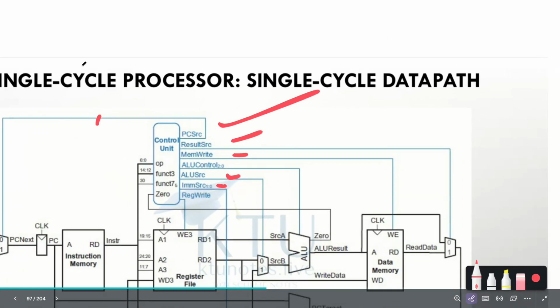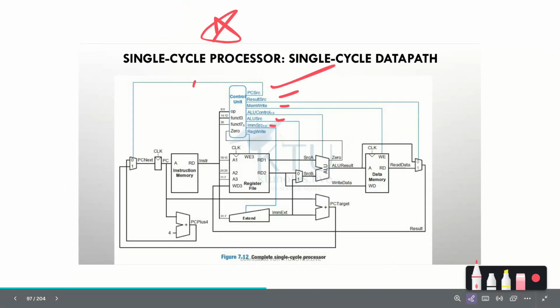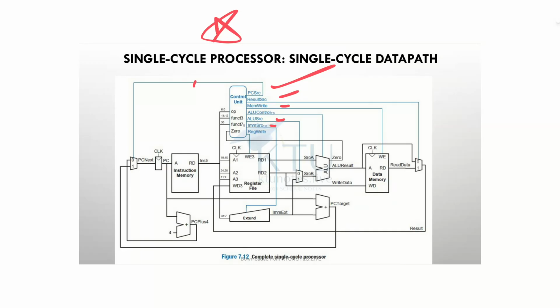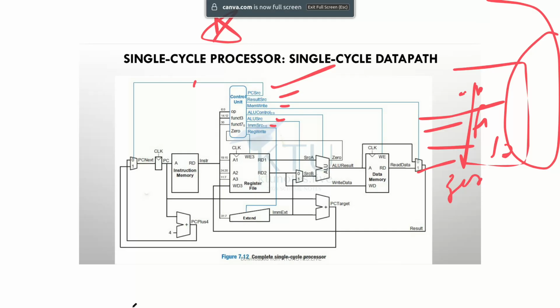So guys, I would suggest you learn this control unit also, because this is how the control unit actually looks in the single cycle processor. You have opcode, function 3 value, function 7 value, and the zero flag is there. All the other control signals are coming out on the other side. Fine. So this you have to learn.